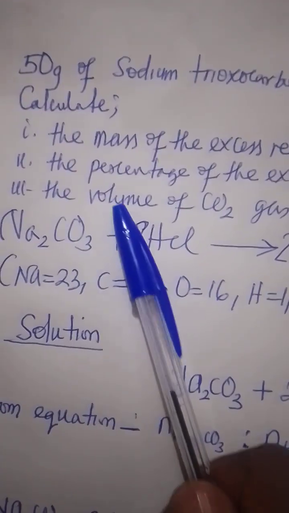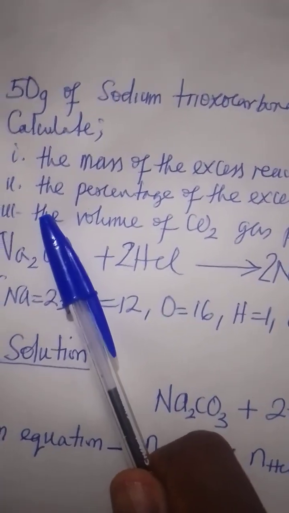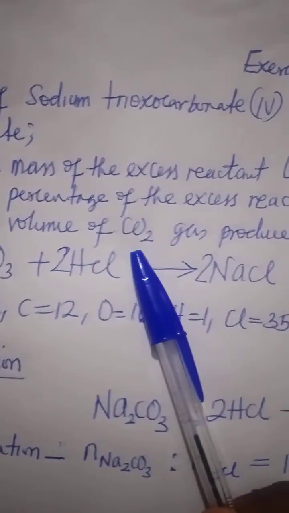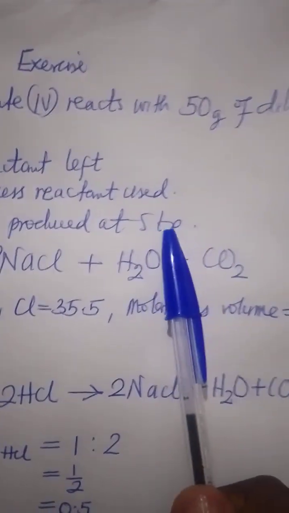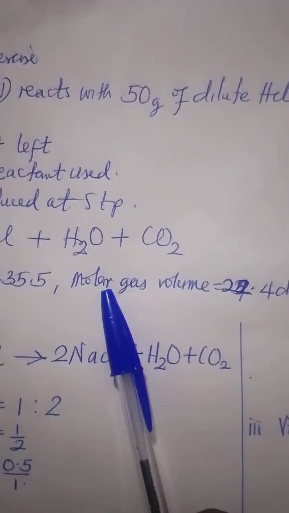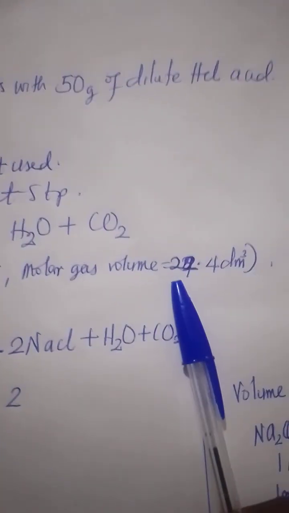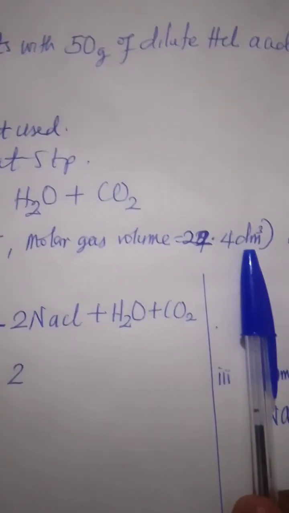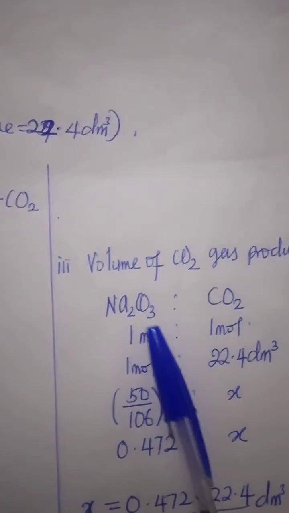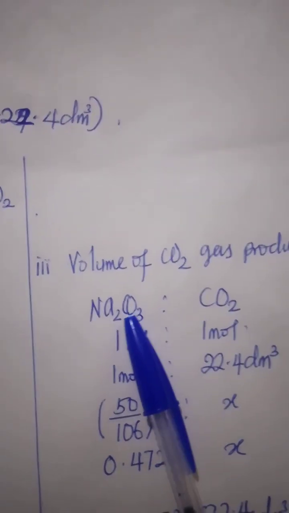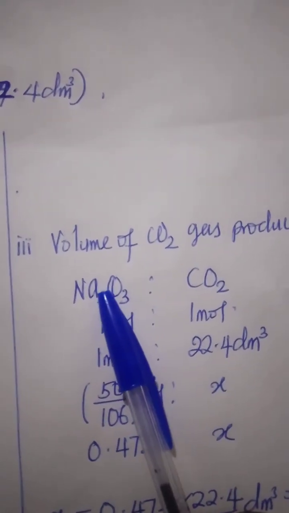So let's look at the last question. The last question says we should calculate the volume of CO2 gas produced at STP. Don't forget we're given the molar gas volume as 22.4 dm cube. So again, we start with the limiting reactant, which is Na2CO3. This is CO3, I beg you, this is C, then O3.